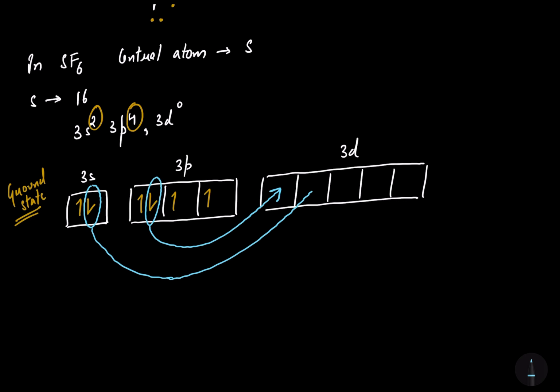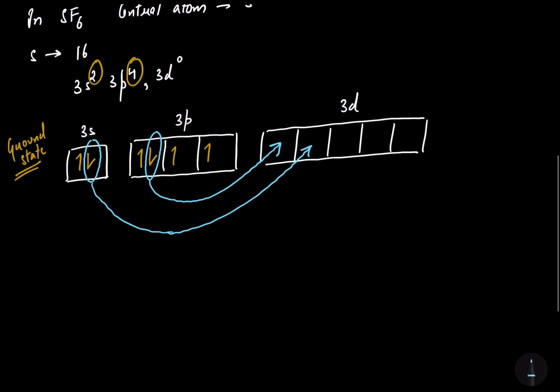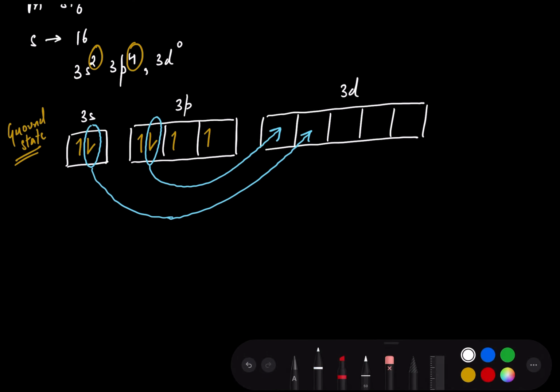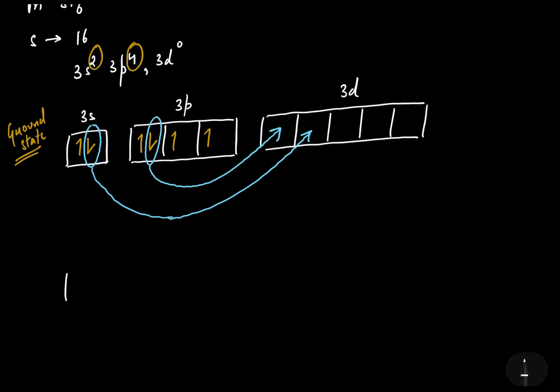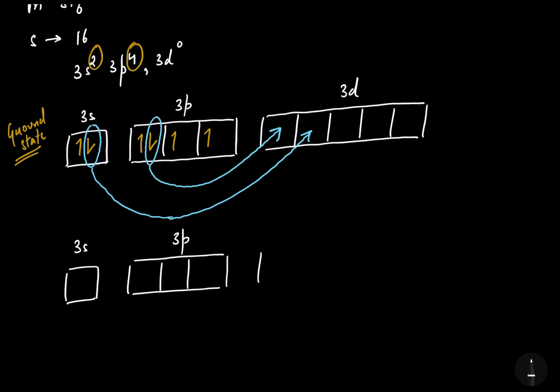So let's make the excited state. That's our 3s. These are the 3 degenerate orbitals of 3p, and these are the 5 degenerate orbitals of 3d.